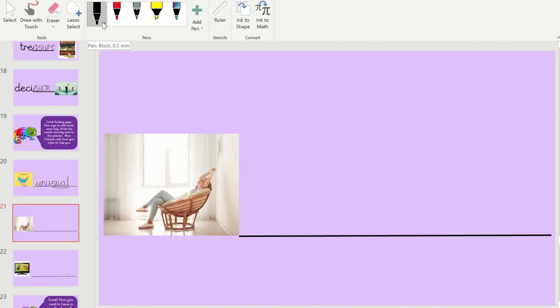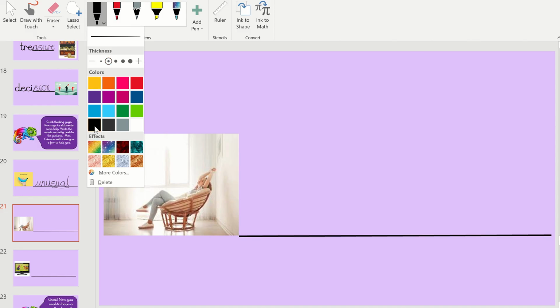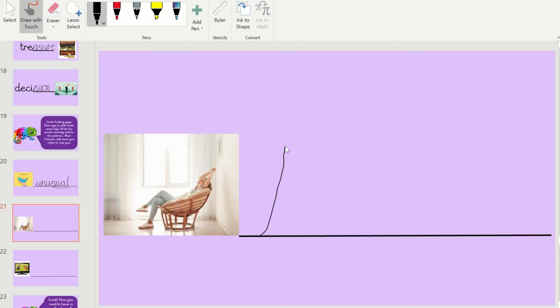Now, I remember this one was a little bit tricky because the sound is a little bit different in this one. The sound in leisure is not an E and an A or an E on its own. It's an E and then an I. That's tricky.